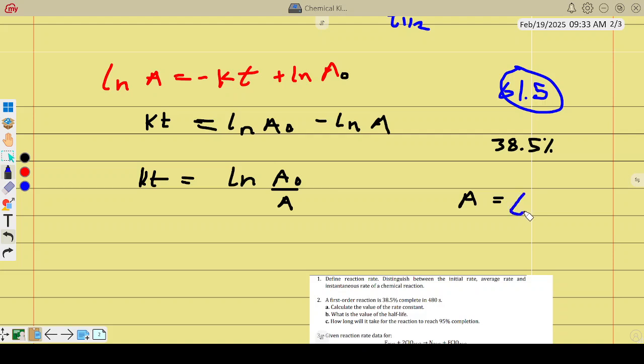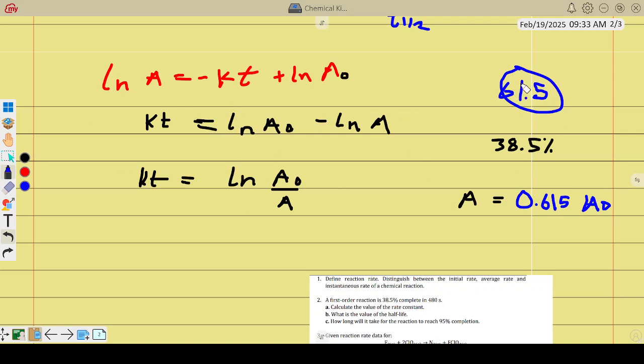And then we don't write the whole 61.5% because this is a percentage, so we have to divide by 100. So what is 61.5 divided by 100? You are going to get 0.615. So the final concentration is 0.615 of the initial, out of the whole lot, the part that remained is 61.5.